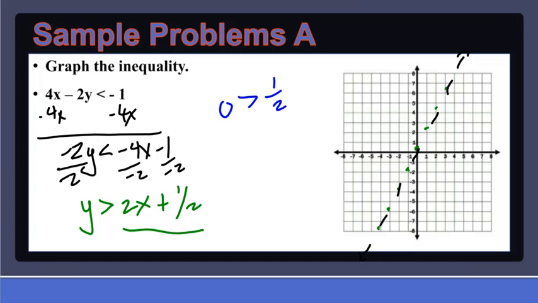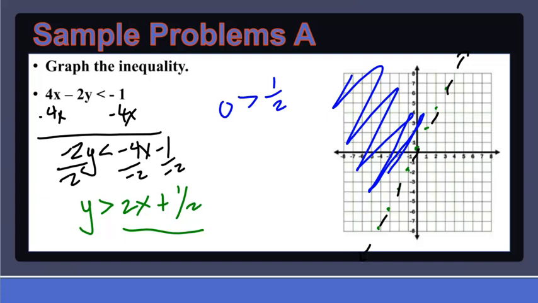So 0, 0 is to the right of the line. If 0, 0 is not a solution, I'm not going to shade the one underneath. It's got to be above the line, so everything is on this side. Another thing you can think of is when it's greater than, it's got to be above the line. Less than means below the line.